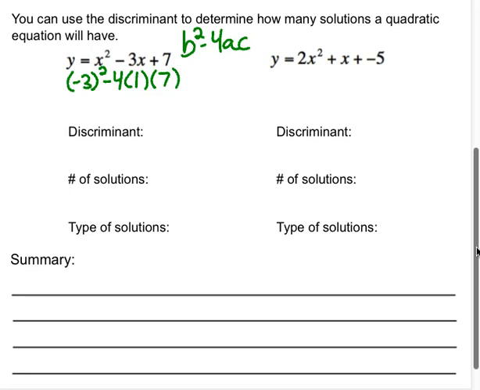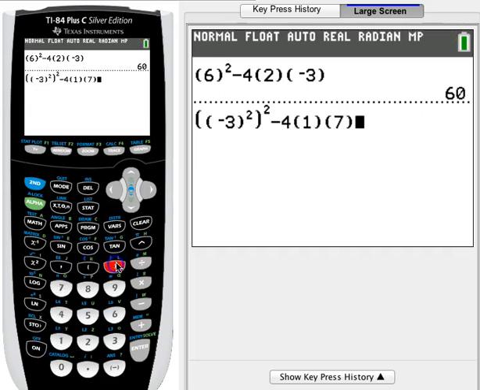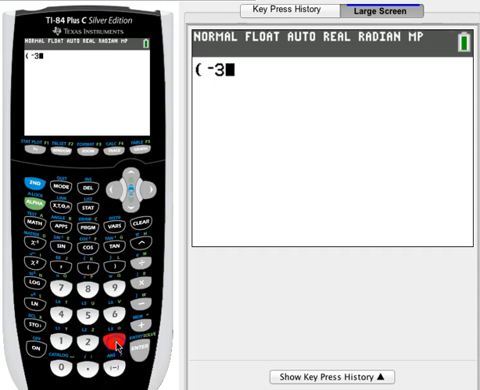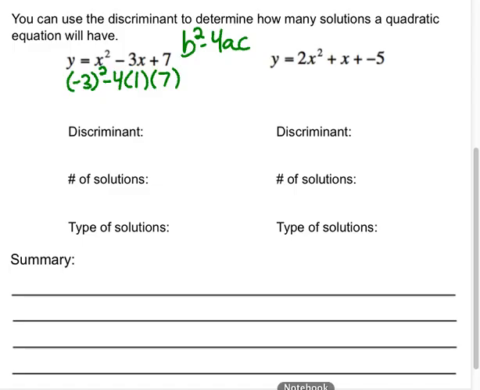And again, once you label that out, you are more than welcome to put that in your calculator. So negative 3 squared minus 4 times a times c. You get a discriminant of negative 19, okay?